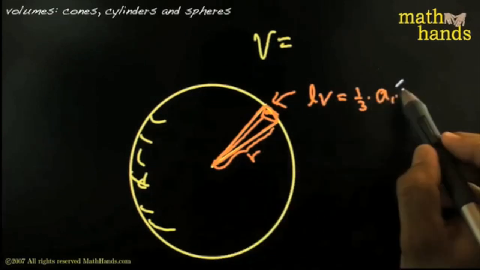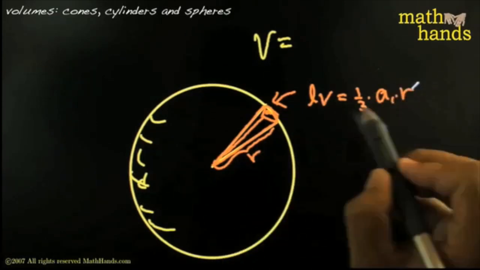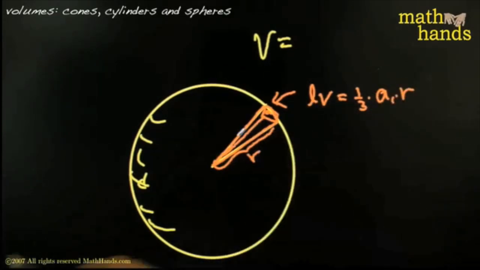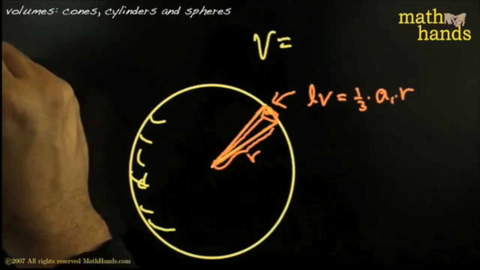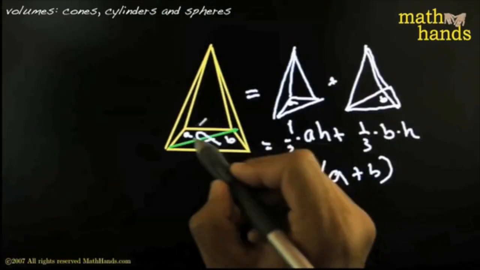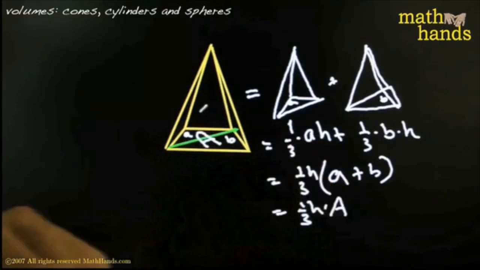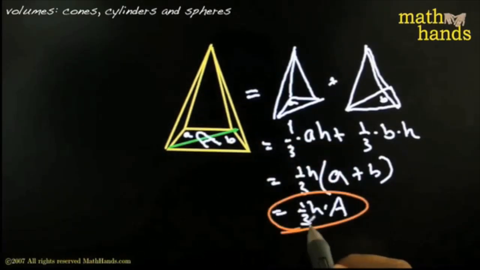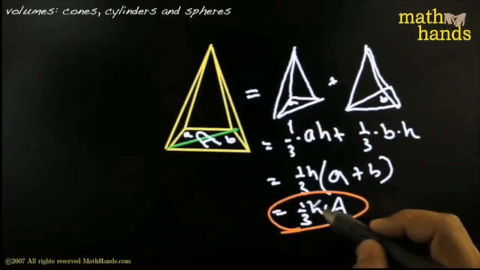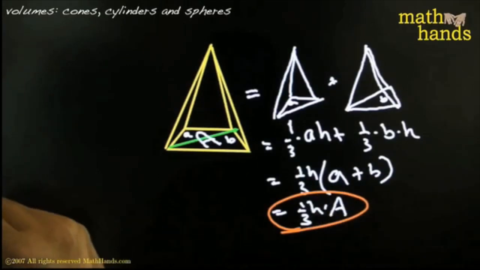The height will be r. We already established this. This is just like the one we proved here. We have a canonical shape where the cross sections are rectangles, so the volume is 1/3 times the area of the bottom times the height.